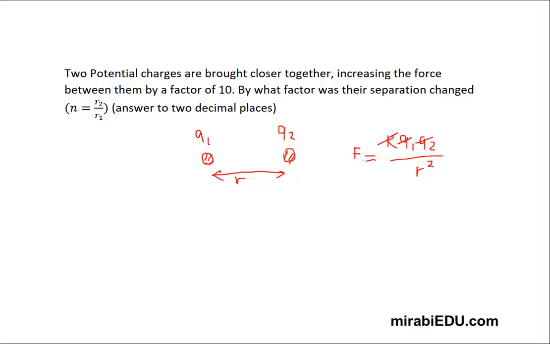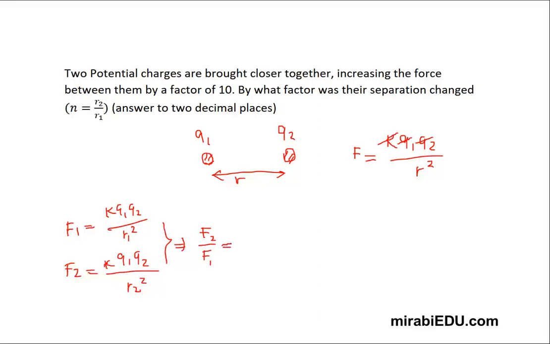So here, K and Q1 and Q2 are constant, and only R changes, and because R changes, F changes. So I'll write this formula two times and then divide them by each other to find R2 over R1. F1 equals K Q1 Q2 over R1 squared, and another time F2 equals K Q1 Q2 over R2 squared. Now we know that F2 over F1 is 10, because the question says increasing the force between them by a factor of 10.